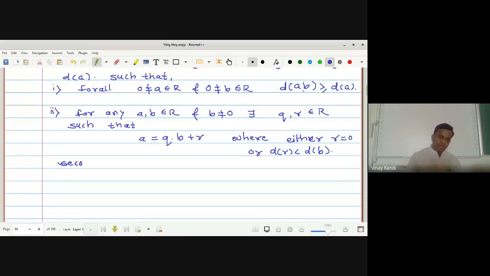The second part of the above definition is known as the division algorithm.